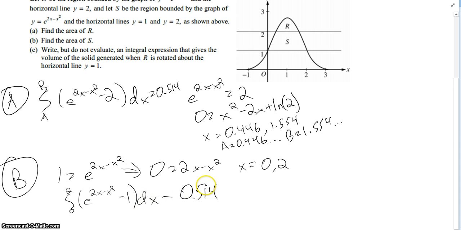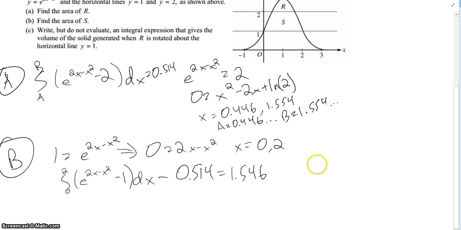I'll solve that out really quick again, but this integral here is not just S, it's actually everything underneath here, and so we have to subtract R to find S. Alright, so the answer you get is 1.546, and that's the area S.